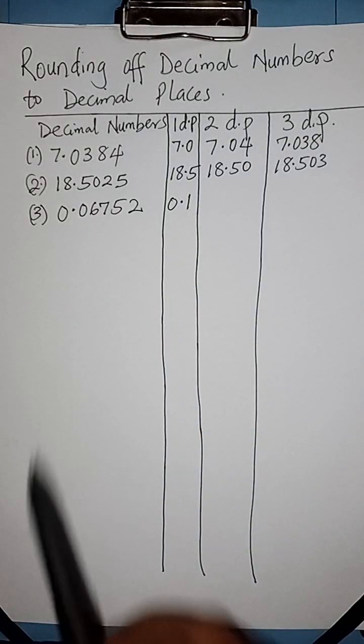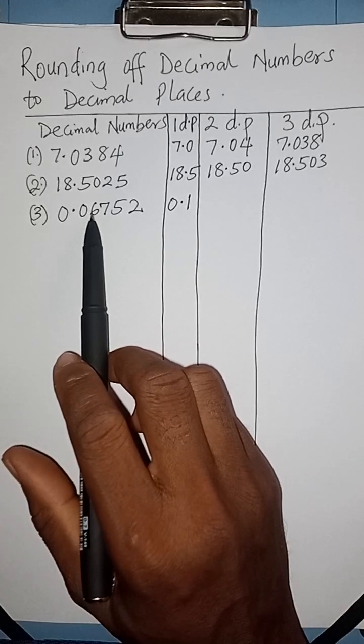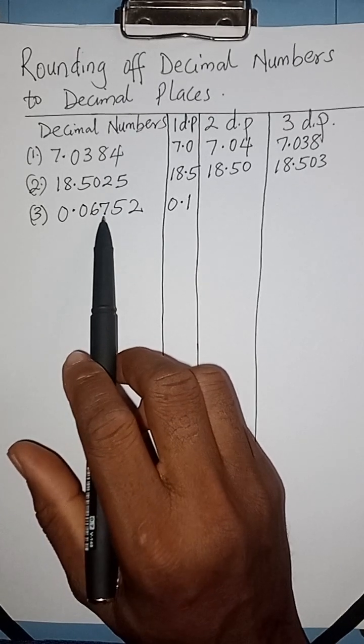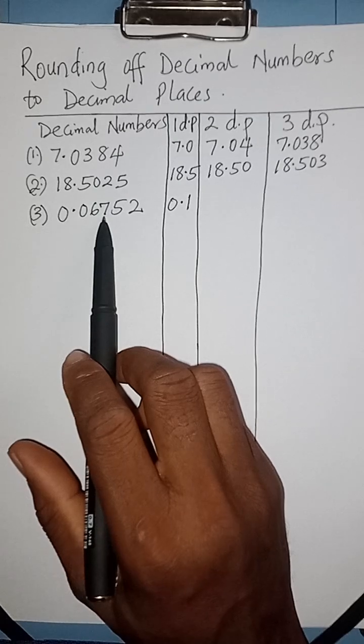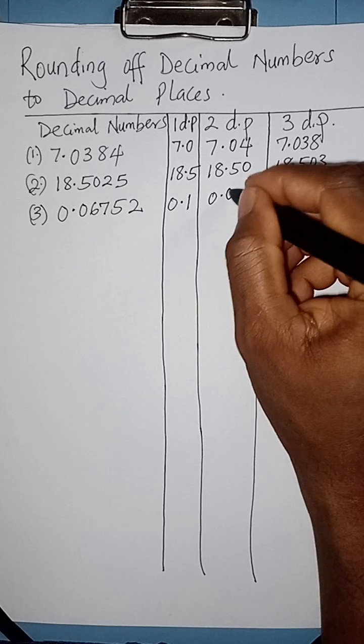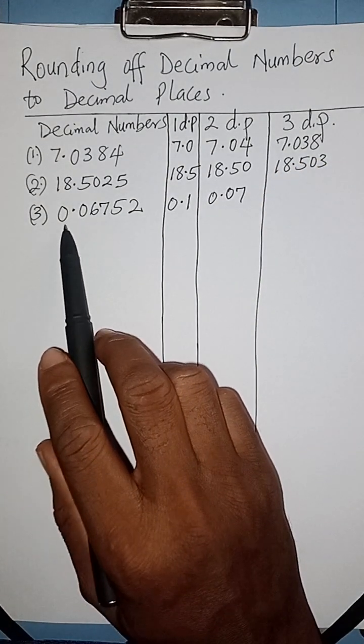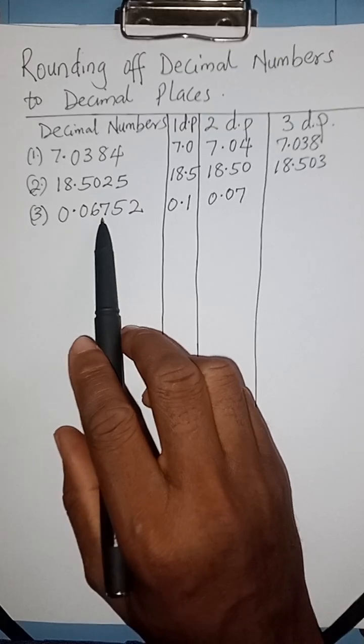To two decimal places will be 0.06. But before I write the 6, I'll check the digit after the 6. It is 7, tells you you're rounding up by adding 1 to the 6. And that becomes 0.07. To three decimal places, it will be 0.067.